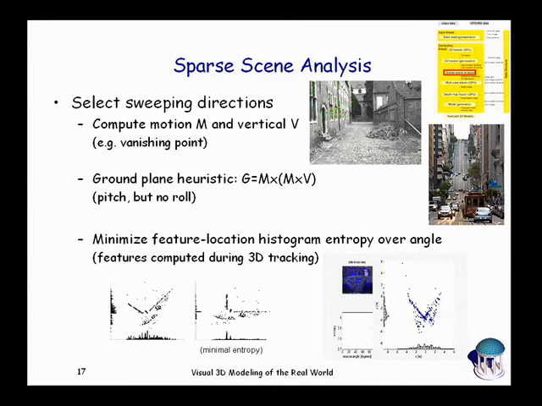Okay, then the other assumption is for the ground plane. Our heuristic is that the direction of motion is going to give us the main direction, so that's going to give us the pitch of the vehicle, but we'll assume that there's no roll. That's typically the case, even for steep streets: there's pitch, but no roll. So that works quite well as an assumption.